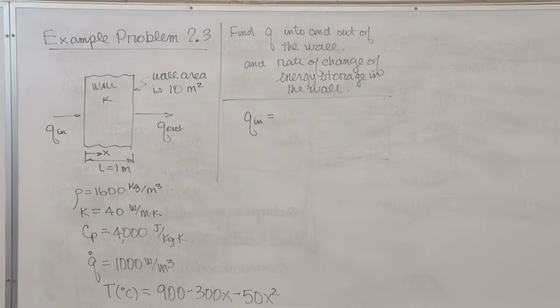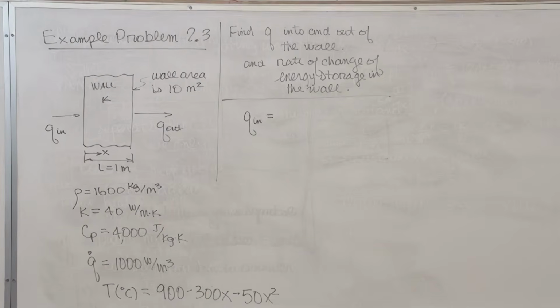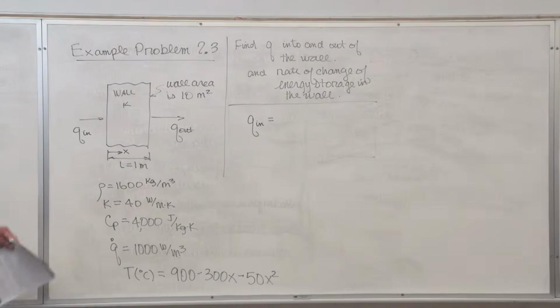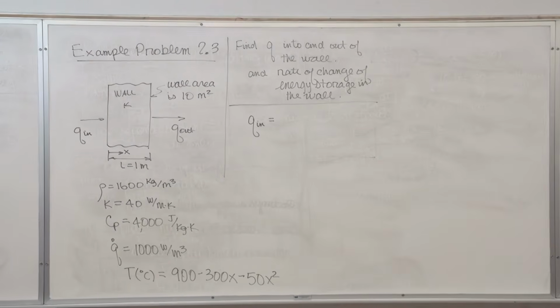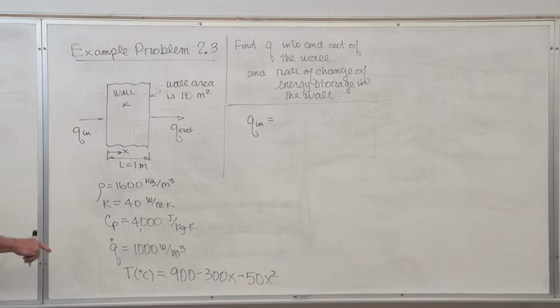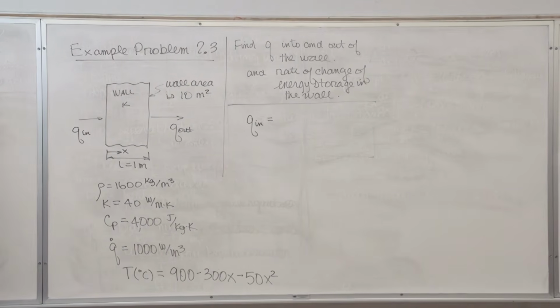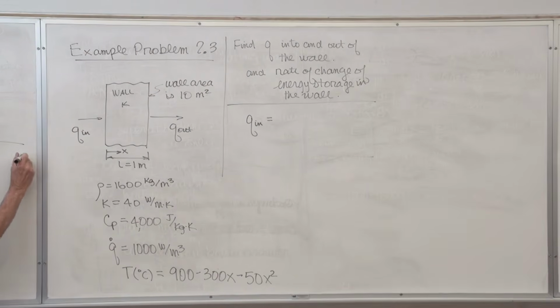A problem like that, it might be good, first of all, I mean, how do I know those directions are right? They're both going to the right, Q in, Q out. Is that correct? Well, the way you find that out, let's plot the temperature. There's a temperature as a function of x, so go ahead and plot it. Here's the temperature, here's x, 0, 1 meter.